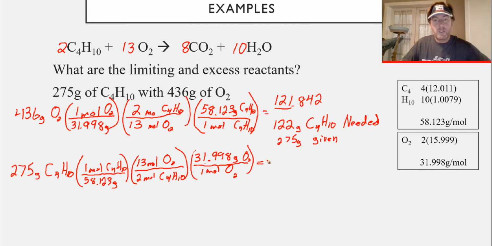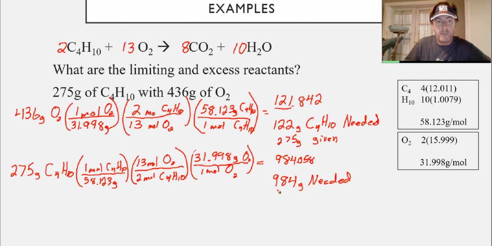So you run this through the calculator and you get 984.058, which you should round to 984 grams. And this is what's needed, right? And you think, well, how much was I given?